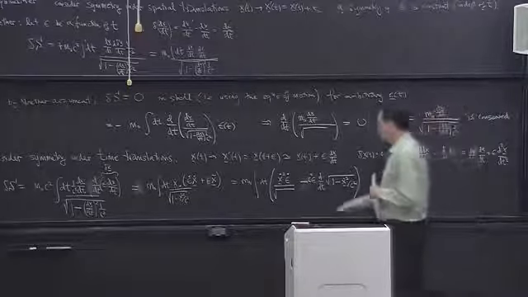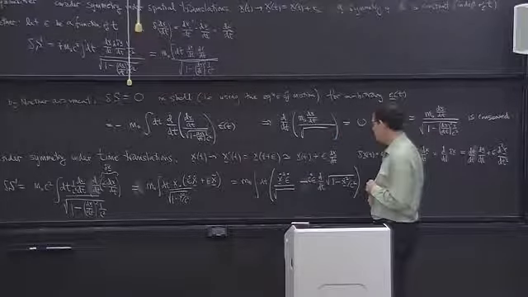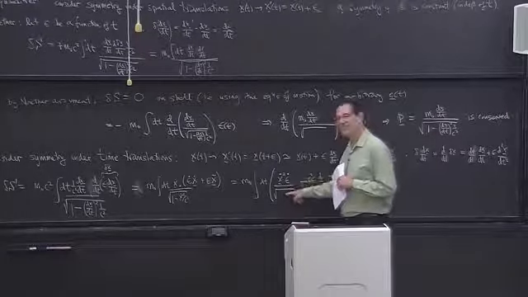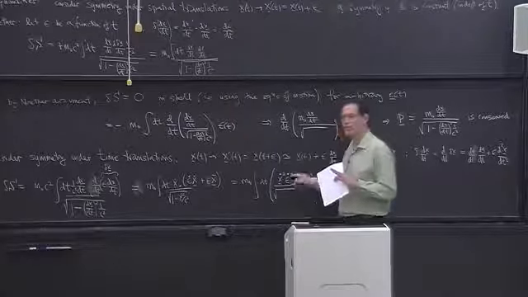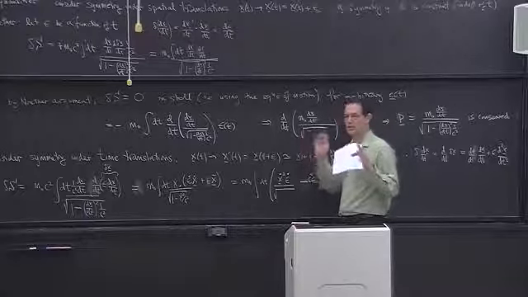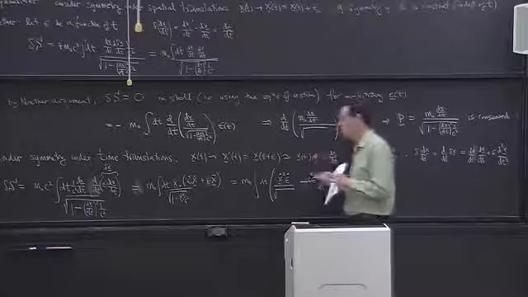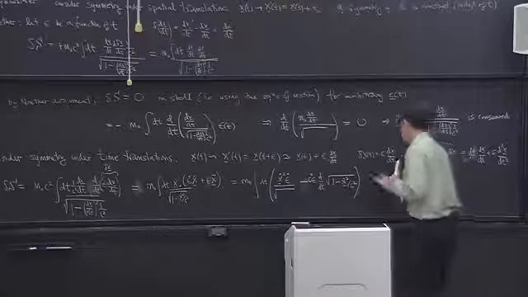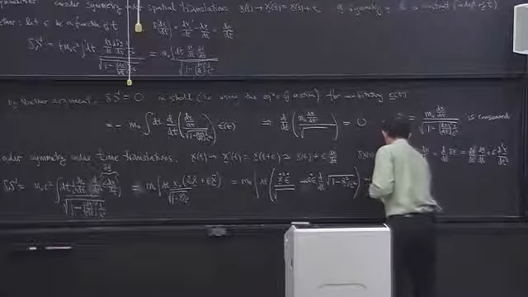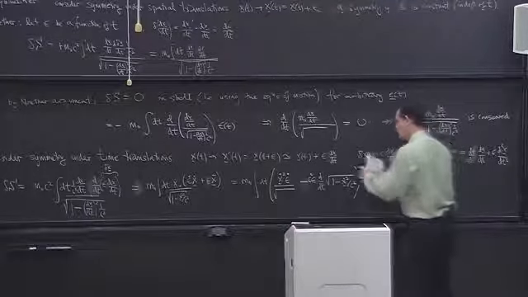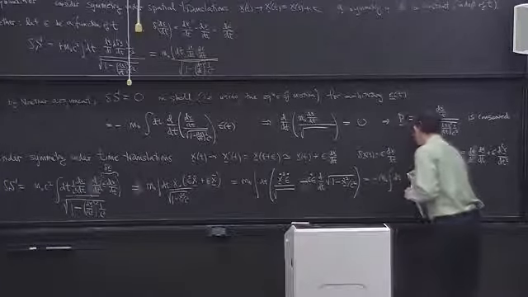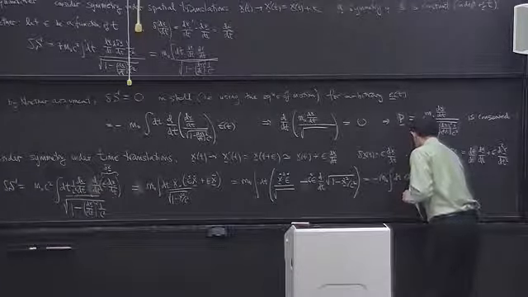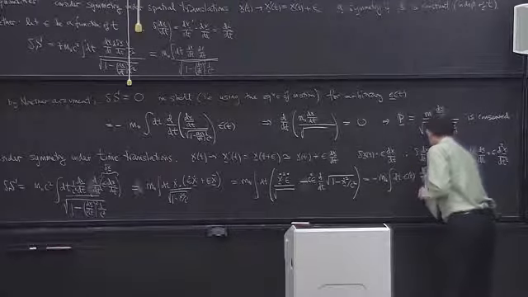Okay, so what does Noether tell me to do? Well, Noether says integrate by parts on this epsilon, and then argue that the coefficient of epsilon must be 0, because this must be 0 for all epsilon. So this is equal to minus m naught. I'm going to integrate the first thing by parts. So epsilon of t, d by dt.